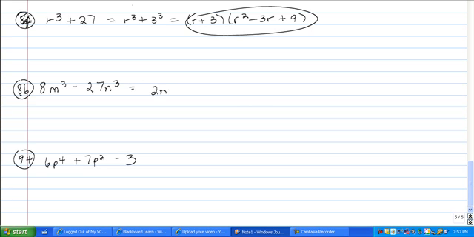Alright, here we have 2m cubed minus 3n cubed. So we're going to write it 2m minus 3n, that's our binomial. And then we're going to multiply these together and change the sign. It'll be 6mn.